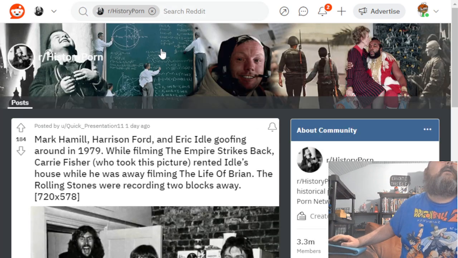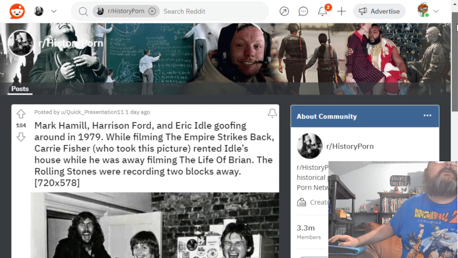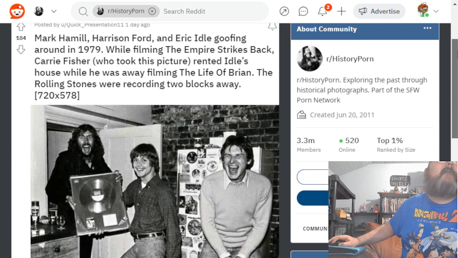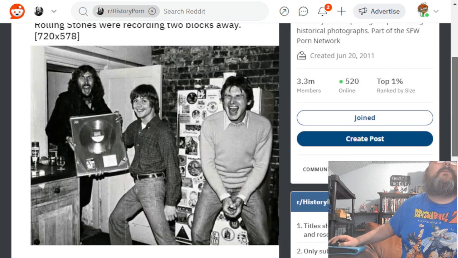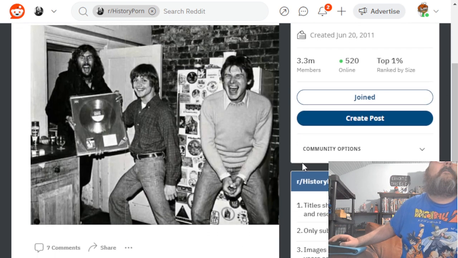Anyway, here we have a picture. Mark Hamill, Harrison Ford, and Eric Idle goofing around in 1979 while filming The Empire Strikes Back. Carrie Fisher, who took this picture, rented Idle's house while he was away filming The Life of Brian. The Rolling Stones were recording 2 blocks away. So yeah.